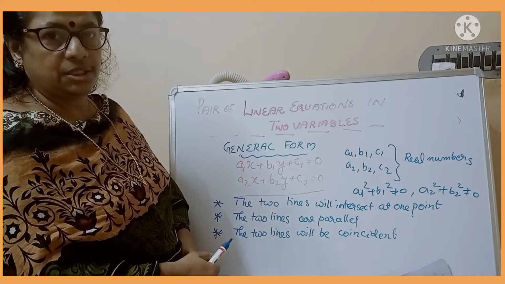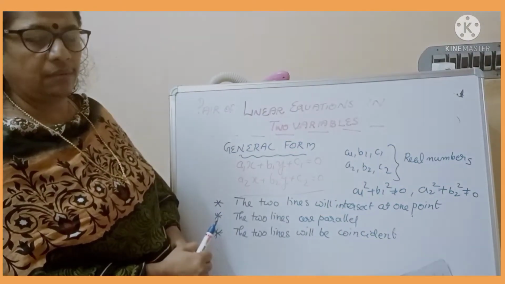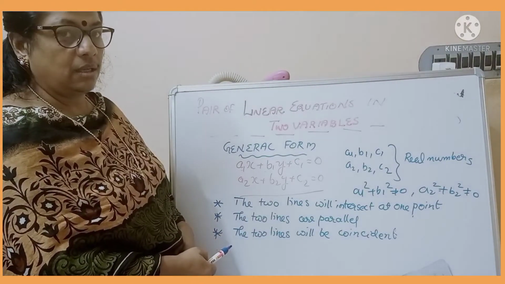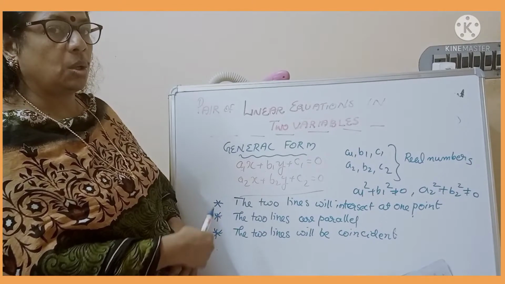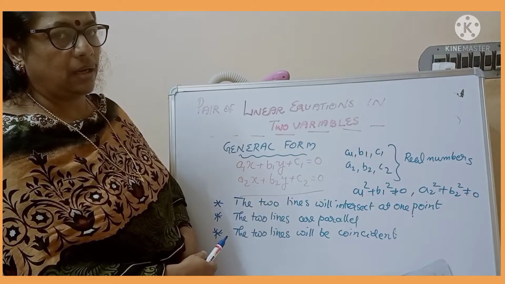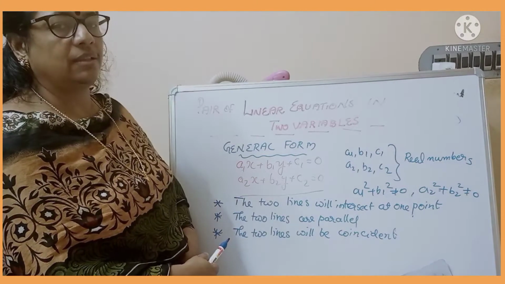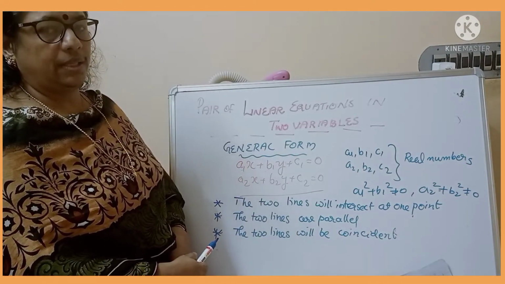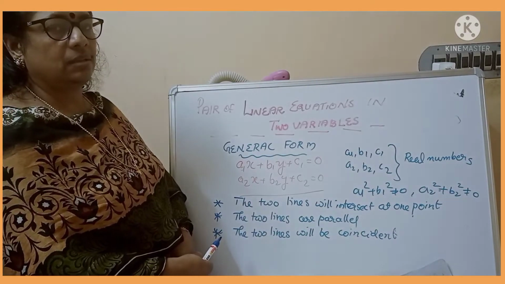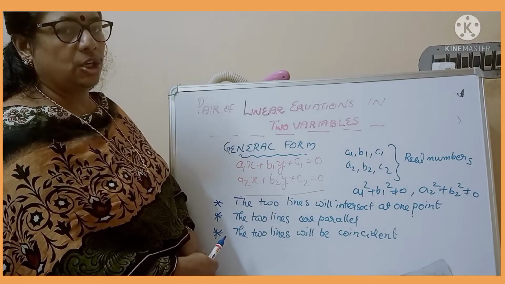How we can identify these three conditions without drawing the graph? Either they will intersect, or they will coincident, or they will be parallel. How we can identify the three conditions? So let us do it using the ratio of the coefficients.